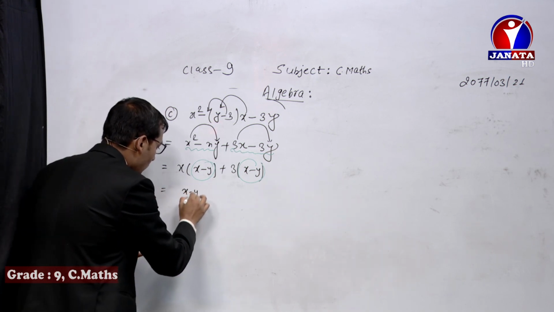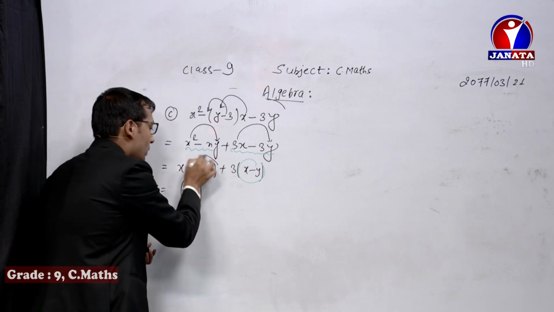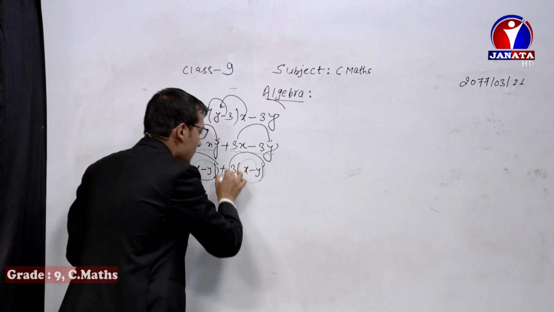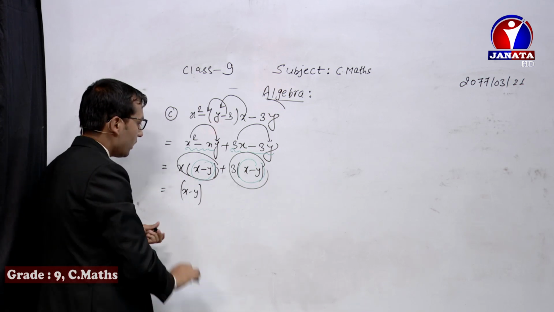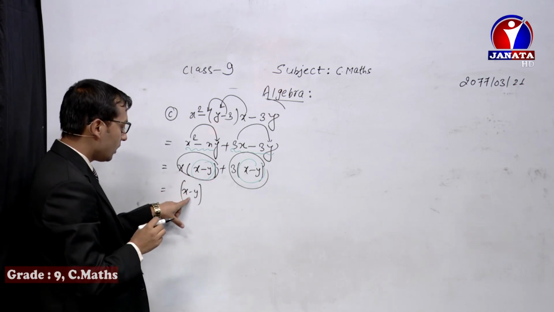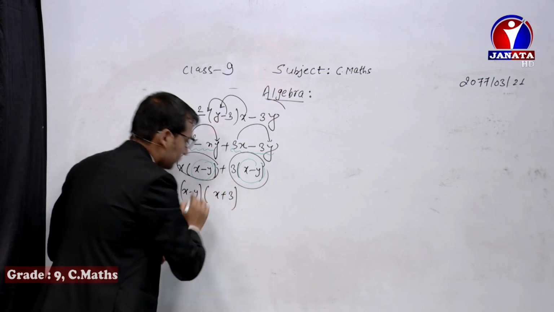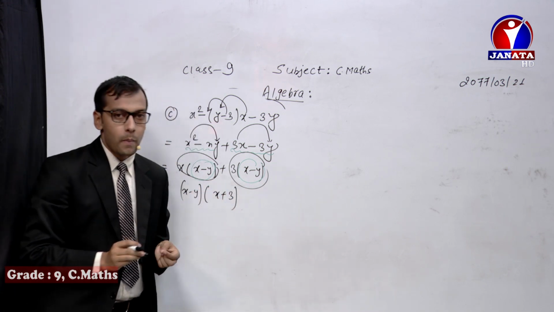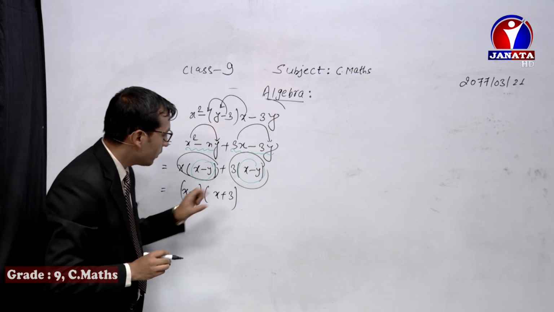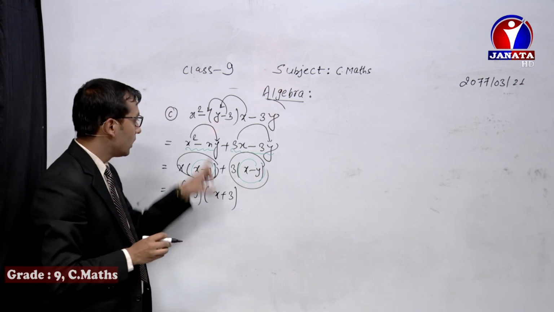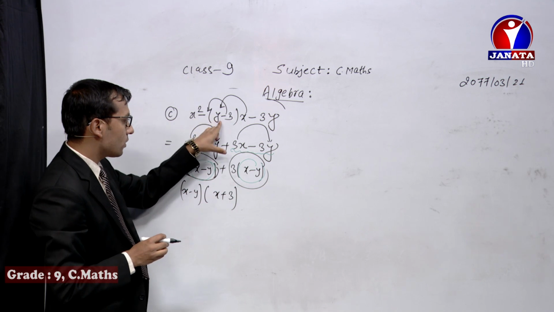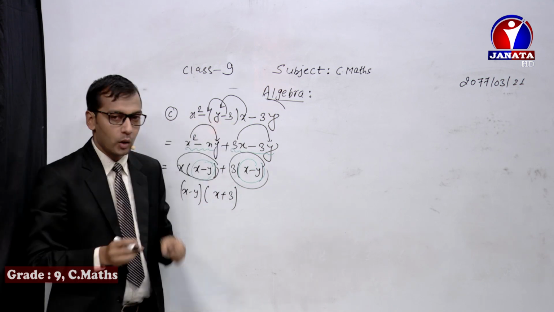We have considered this as one term and this as another term. So after taking x minus y common, what is left? x plus 3. So these are the two factors of x square minus y minus 3 times of x minus 3y.